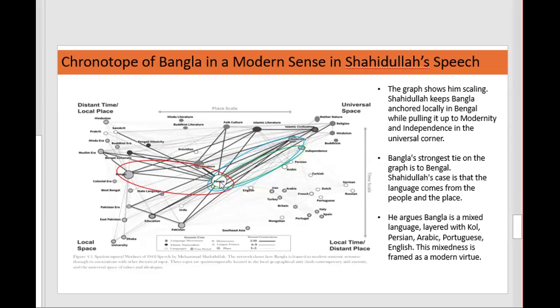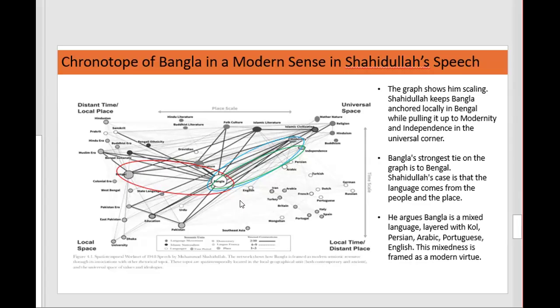So Bangla occurred a certain amount of times, which made it this size of node, and Bengal occurred this many times in the speech, which made it this size of node, bigger than these because they occurred more. When they co-occurred within the same unit, the edge was thicker because it was counted more, as opposed to these thinner edges.